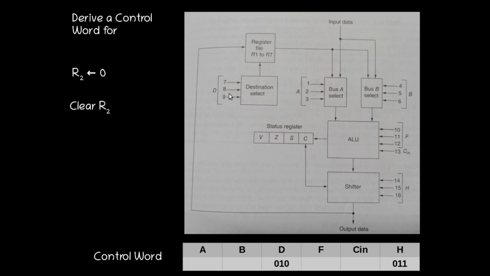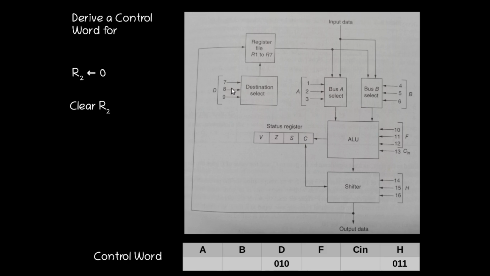Whatever operation is performed, simply zeros will be available here and copied into the register specified by the D select lines, in our case register R2.